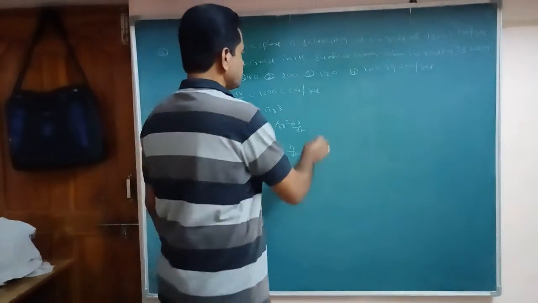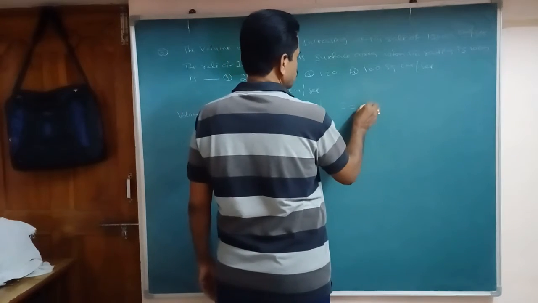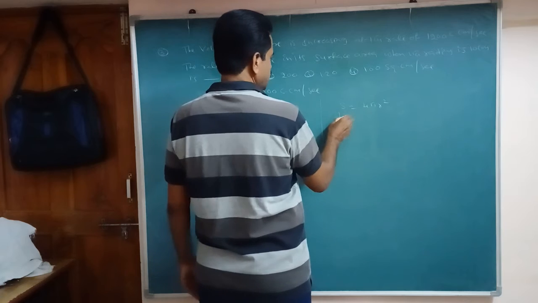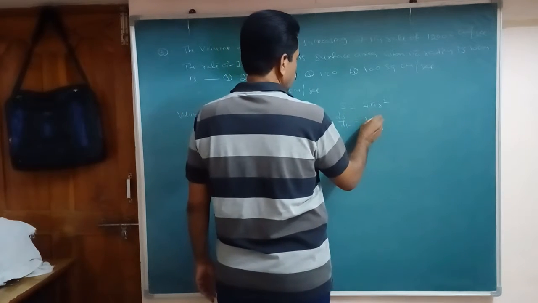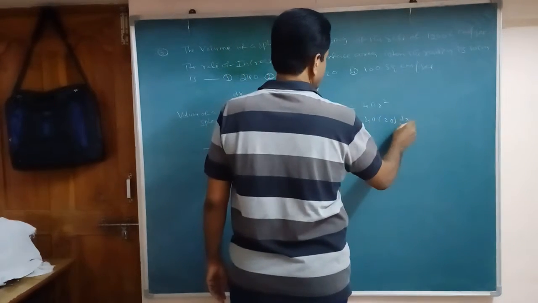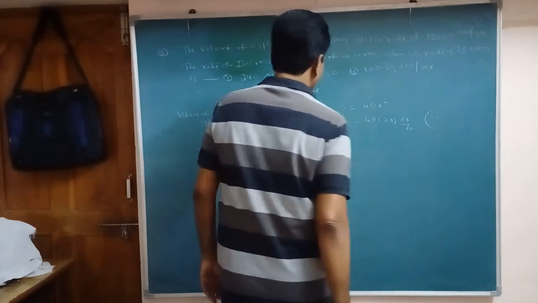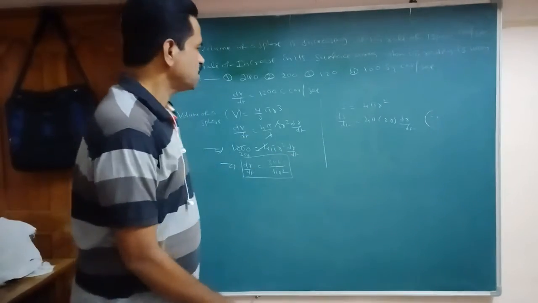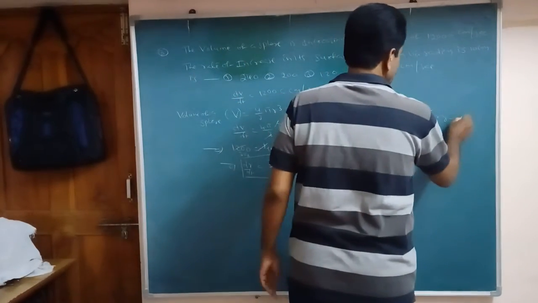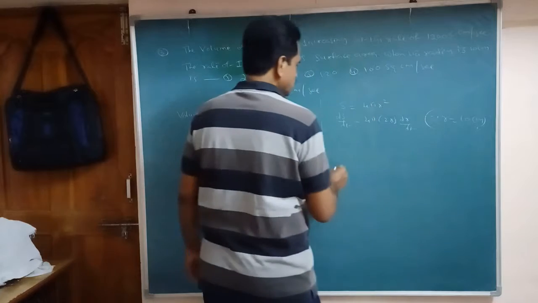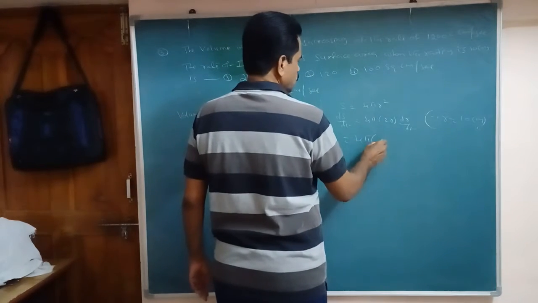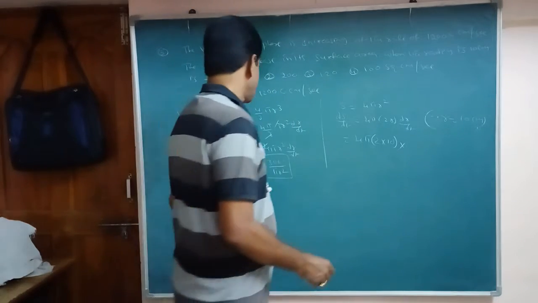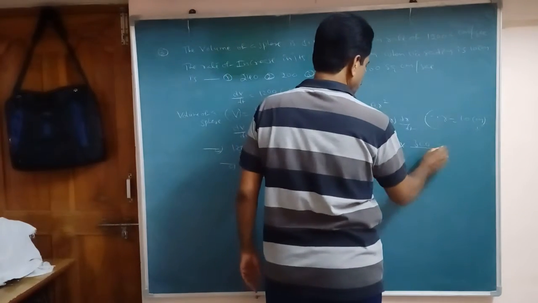Next, surface area of a sphere. S equal to 4 pi r square. So ds by dt equal to 4 pi into 2r dr by dt. Here the radius equal to 10 centimeters. So that is 4 pi into 2 into 10 into dr by dt, which is 300 by pi r square.